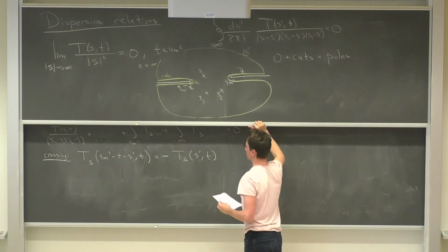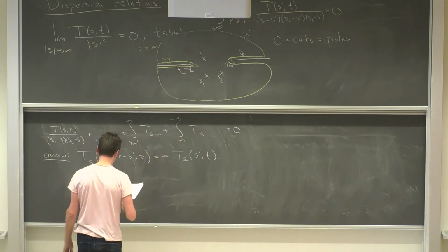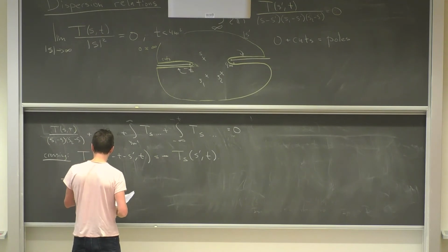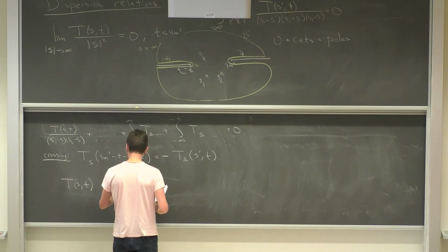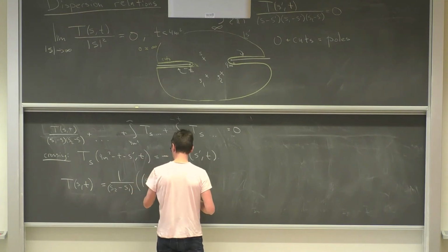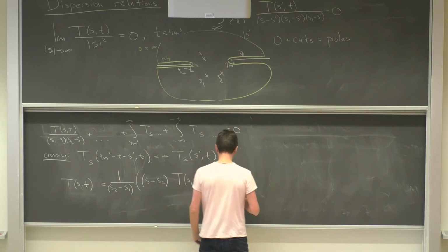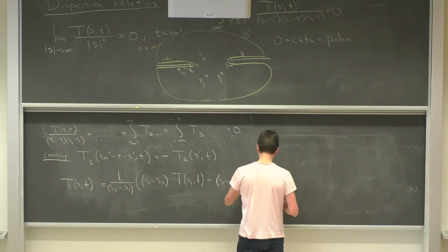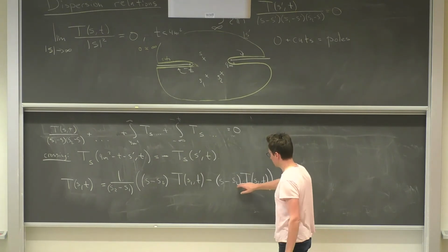So after you use this and you combine all the terms, you get the following representation of an amplitude. So note that s1 and s2 are just constants.